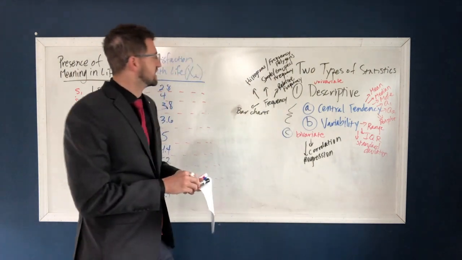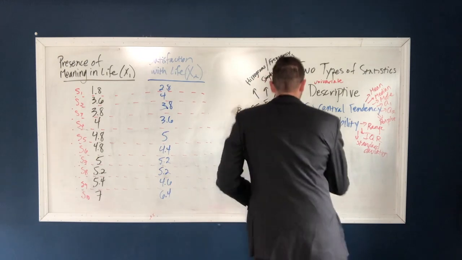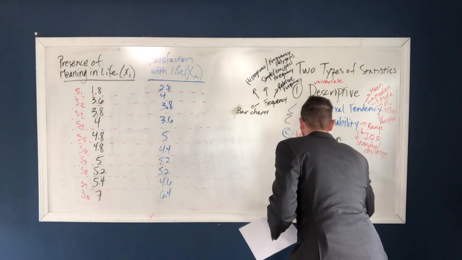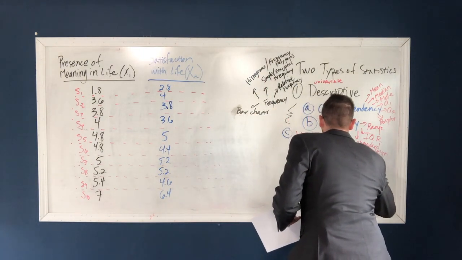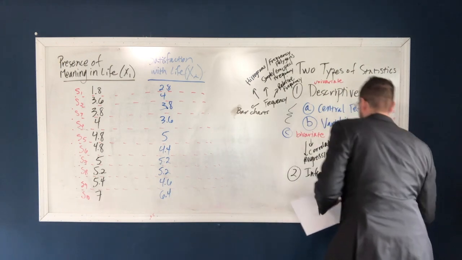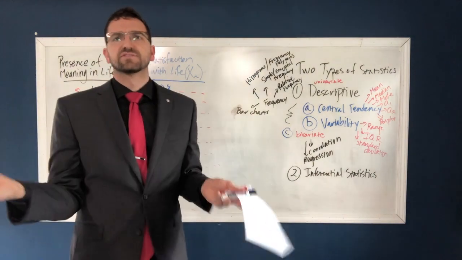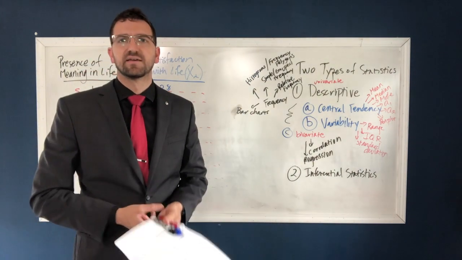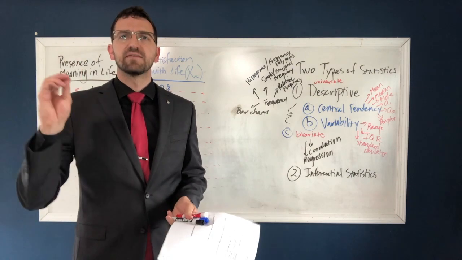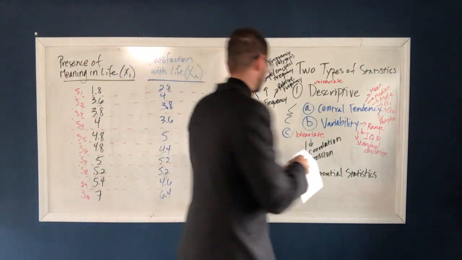Okay. So then what's the second type of statistics? The second type of statistics is going to be inferential statistics. And again, inferential statistics is a very simple concept. We're trying to make a statement about the greater population based on sample data.